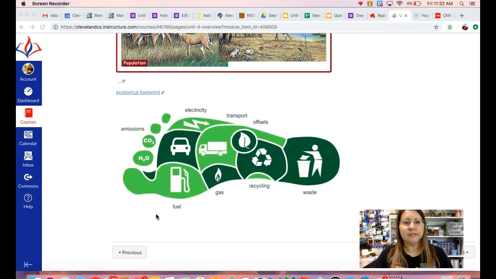And then ecological footprint is looking at basically a human's impact on the earth, or the human's impact on the land area based on the natural resources that person uses, or the materials that relate to things that person is going to use, and how that person may try to offset that impact by recycling and good conservation practices.